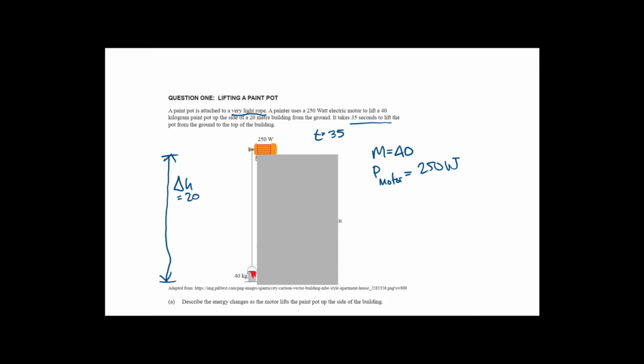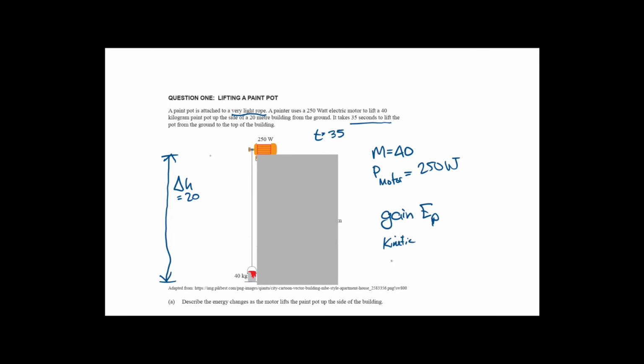So the first thing that's going to happen is the paint pot itself, as it goes up, it's going to gain gravitational potential energy as it goes up. Okay, as it's moving, it's also going to have some kinetic energy.